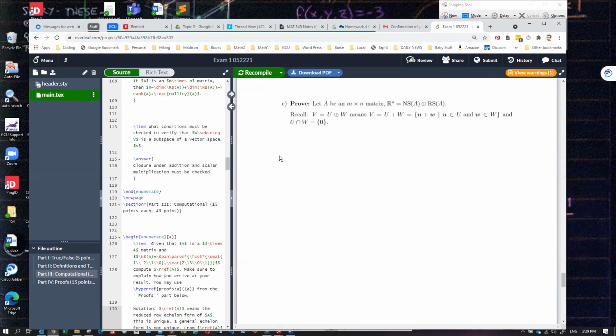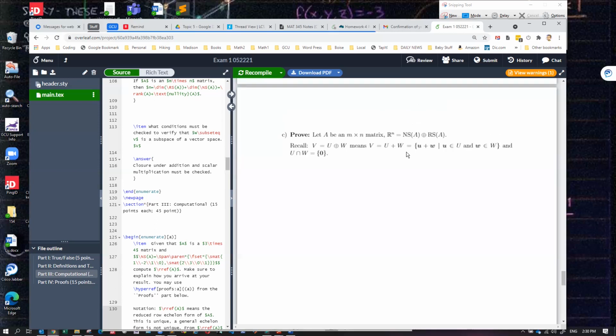Let me put it like this: if I had a single vector in U and W, and that single vector was orthogonal to itself, the only way that can happen is if it's the zero vector.